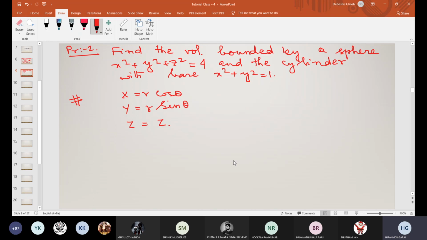If you consider this is your z, this is y, this is your x, then you have the sphere. The sphere becomes larger than it should be.